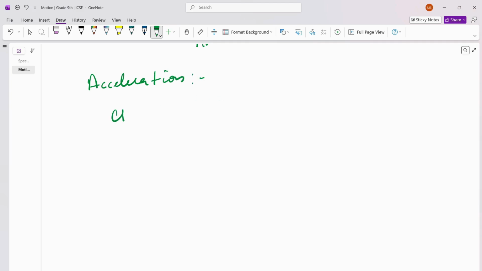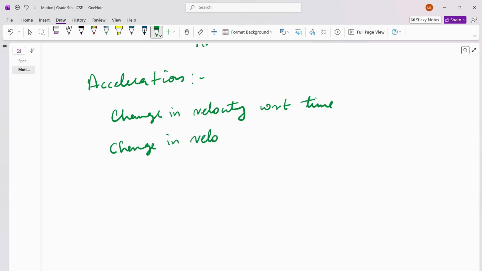Acceleration is change in velocity with respect to time, right? In other words, change in velocity divided by time.